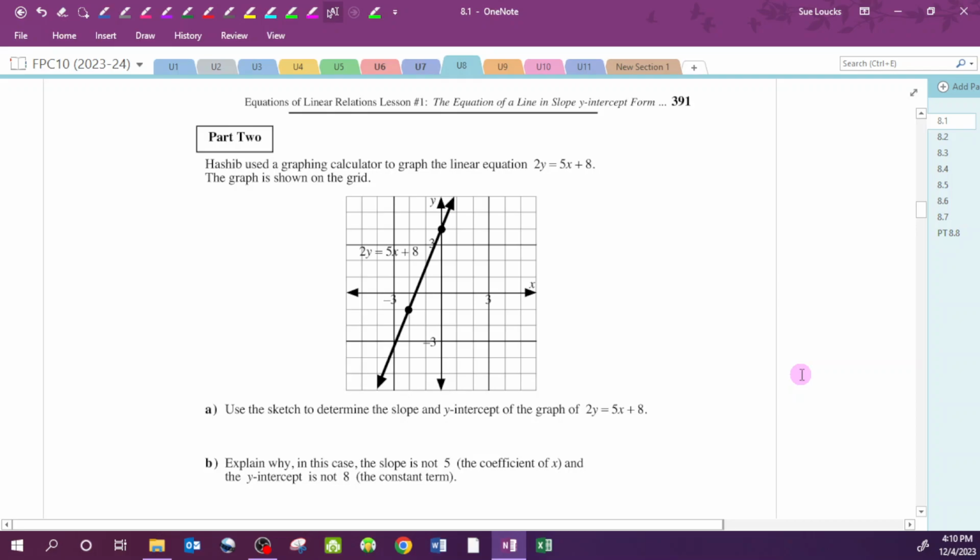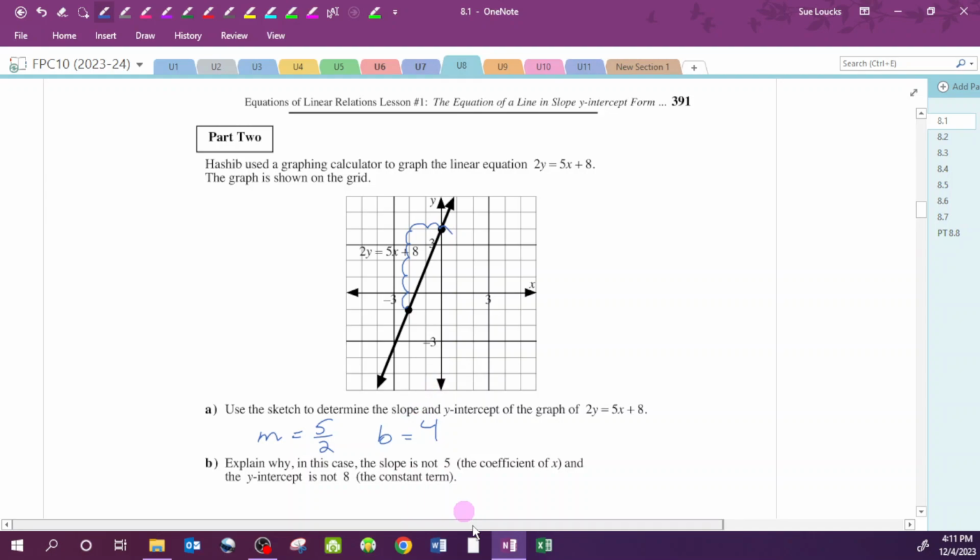Part 2, Hashib used a graphing calculator to graph the linear function 2y equals 5x plus 8. So if we use the sketch to find the slope, slope is going to be 1, 2, 3, 4, 5 over 2. So slope is 5 over 2. And the y-intercept, which is b, is 1, 2, 3, 4. Okay.